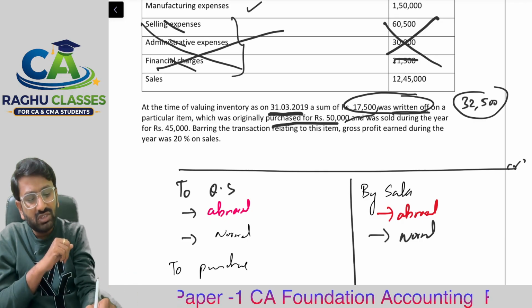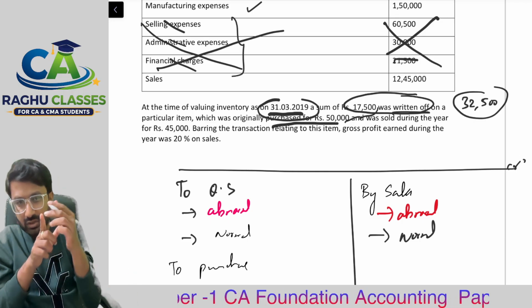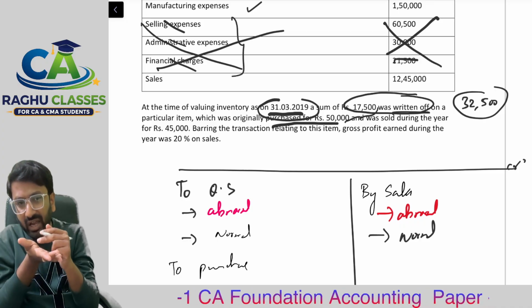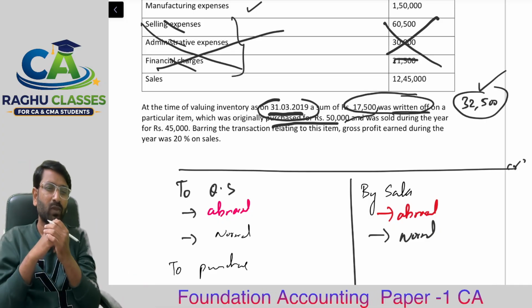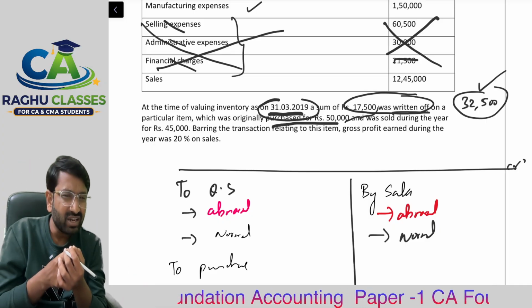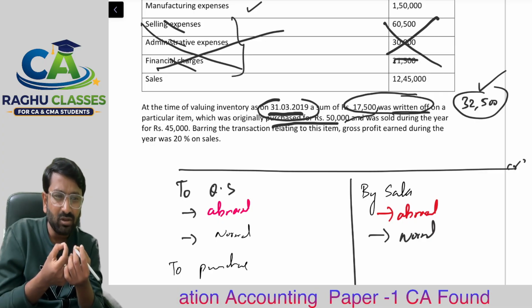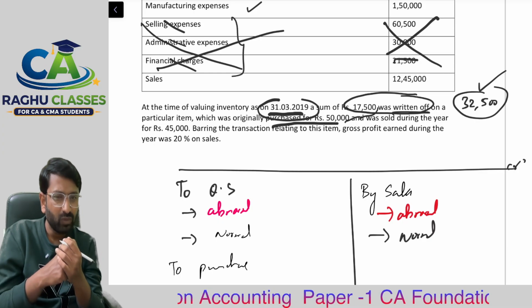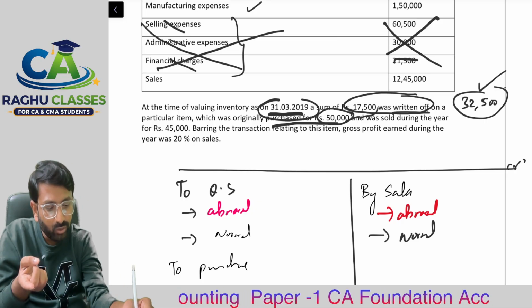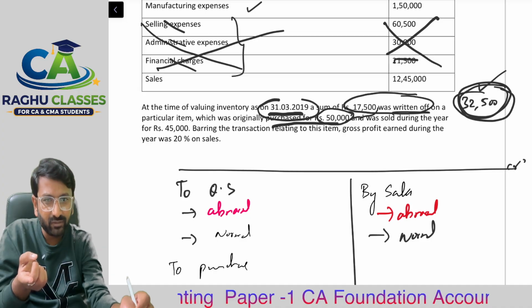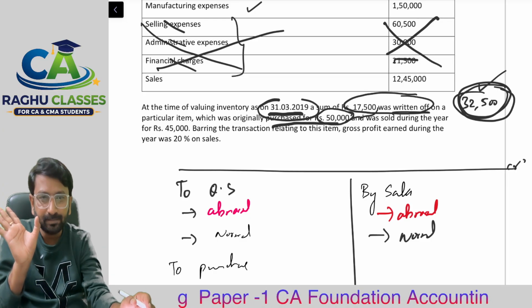So in your closing stock valuation of the previous year, the 50,000 item was valued at only 32,500. So maybe this item is a damaged item or out of fashion item. Therefore, instead of valuing at cost of 50,000, they have valued that item at 32,500. Okay, so can I say it's an abnormal item?